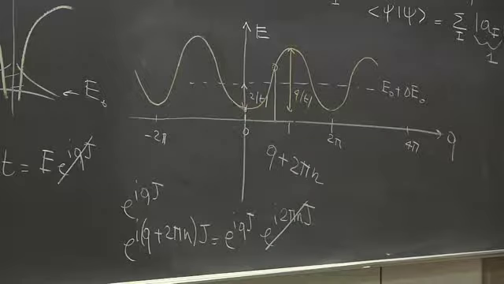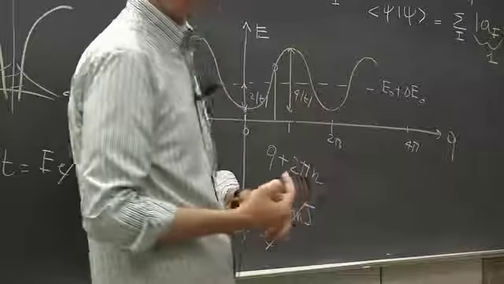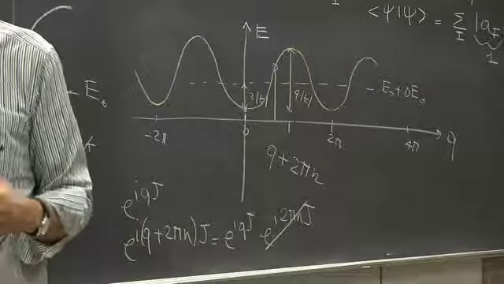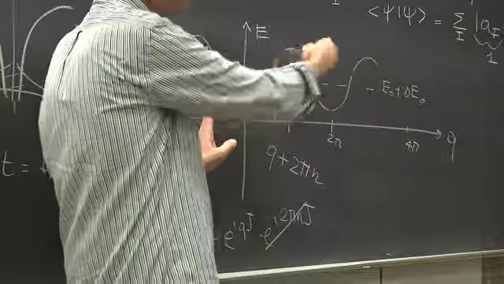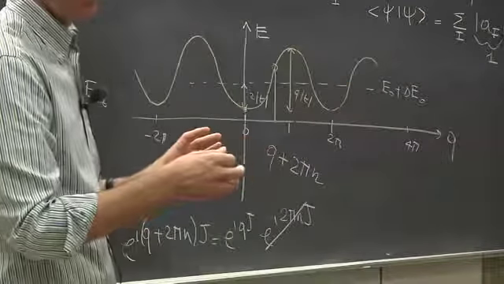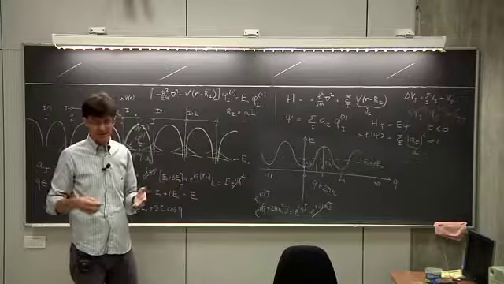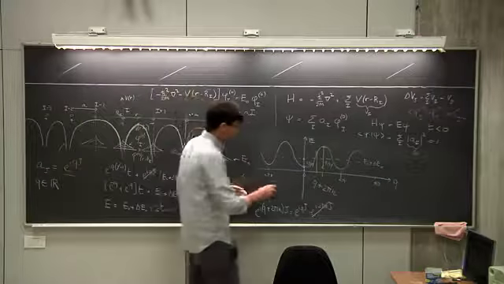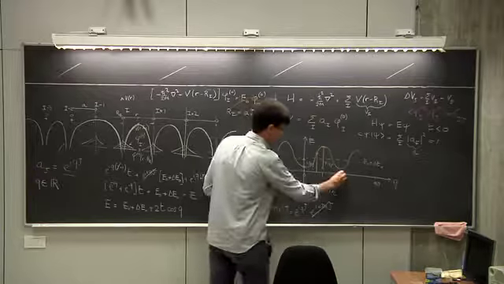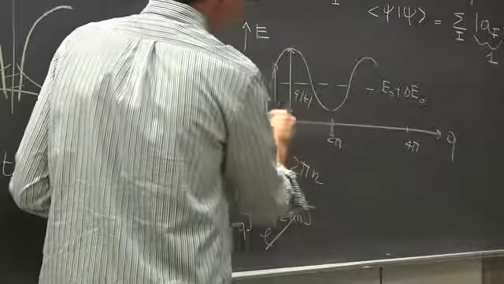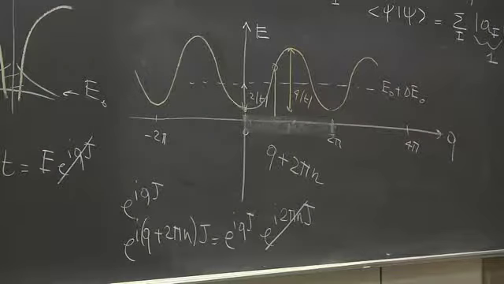Well, if it's periodic, I just limit myself to a segment of length 2 pi. If I limit myself to a segment of length 2 pi, I automatically exclude all the redundancies, right? Because if I move away, I'm sure I will find something that is inside. So I could say, well, let's focus ourselves on this range here. Let me say, okay, Q varies only from 0 to 2 pi. Fair enough.